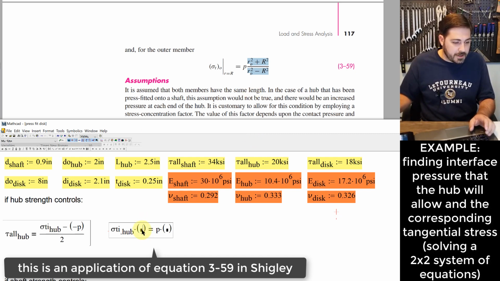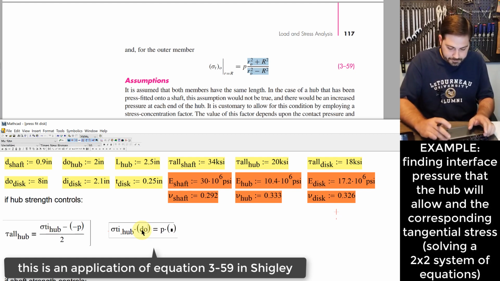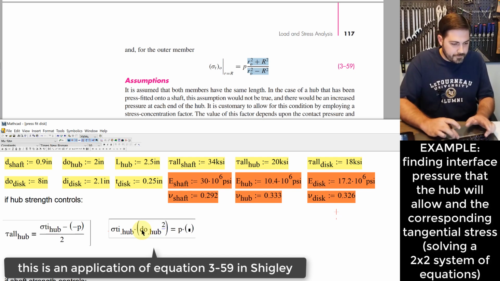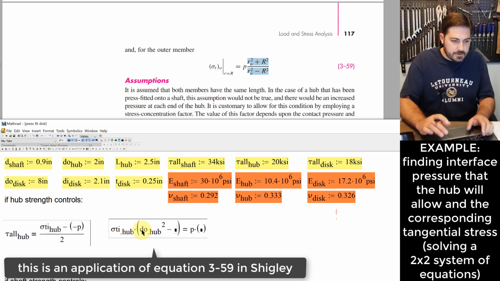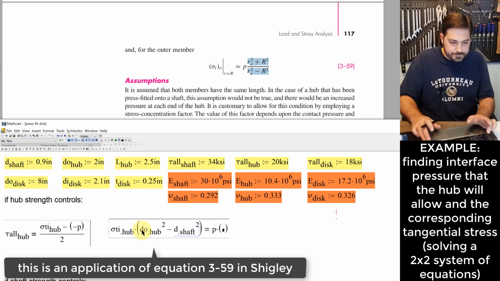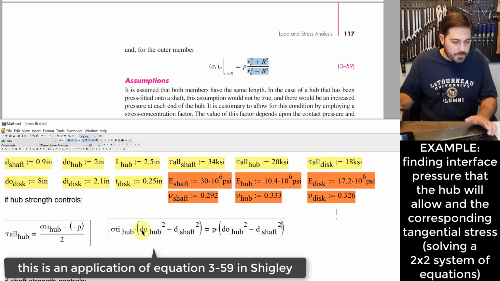So I can put in here, for instance, D_O hub squared minus D shaft squared, and here I'm going to do the same thing but with plus. All right, and that basically gives me what it's saying there with that equation.